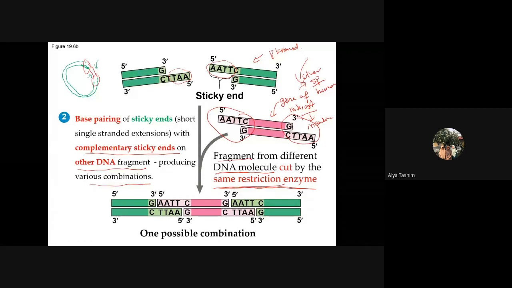So this is one possible combination. So this region either has the gene of interest or does not, due to the many fragments that can be produced.